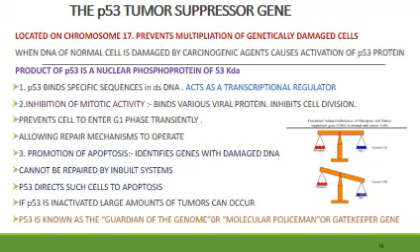If it cannot be repaired by inbuilt systems, the p53 directs such cells to apoptosis. If p53 is inactivated, large amounts of tumors can occur. So p53 is known as the guardian of the genome, or it is known as the molecular policeman, or it is known as the gatekeeper gene.